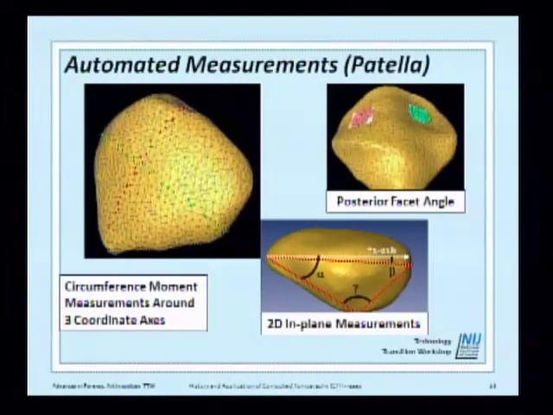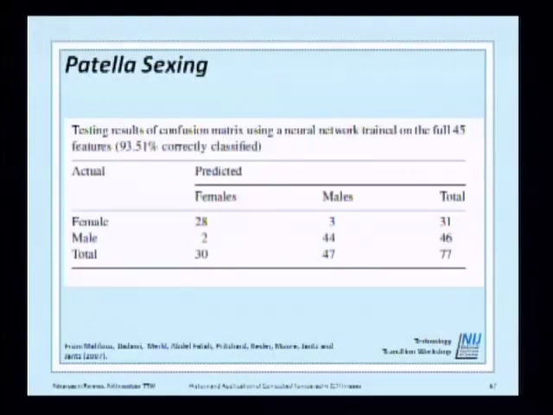Now, we previously worked on the patella, and we published this work in International Forensic a few years ago, where we took 45 different measurements on the patella. This is the paper published in 2007. The results were, I think, 93% in some cases, and with additional information 96%.